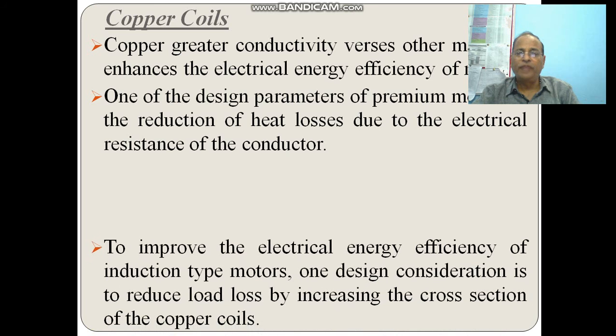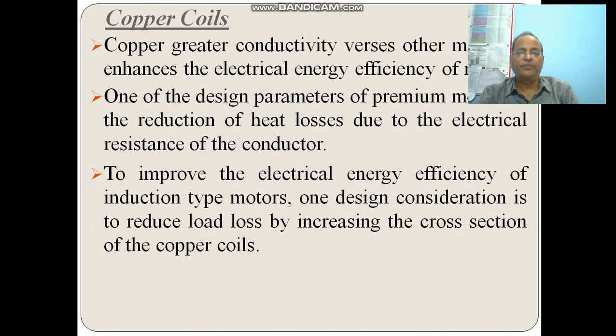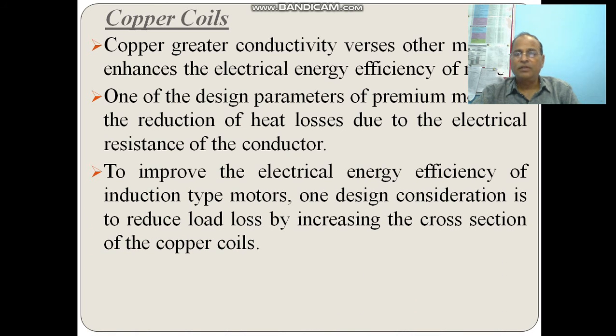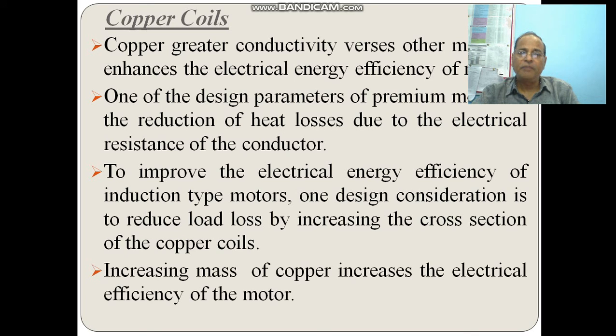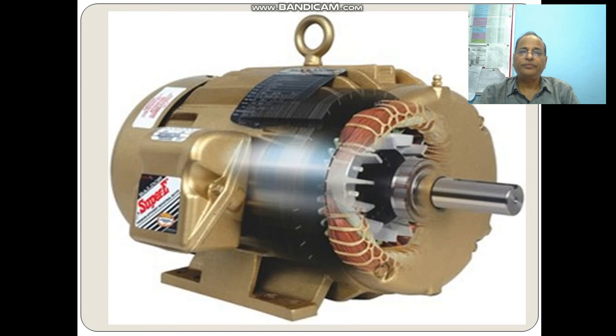To improve the electrical energy efficiency of induction type motors, one design consideration is to reduce load loss by increasing the cross section of the copper coils. Increasing the mass of copper increases the electrical efficiency of the motor. This is the general diagram available with us for the energy efficient motor.